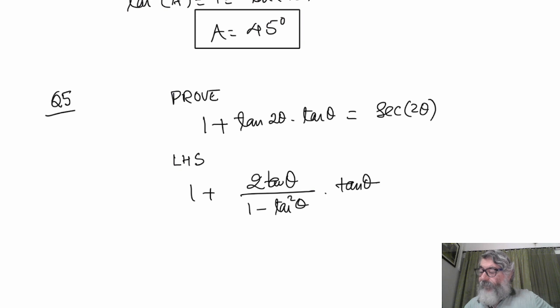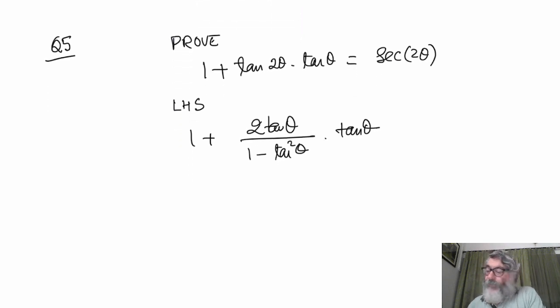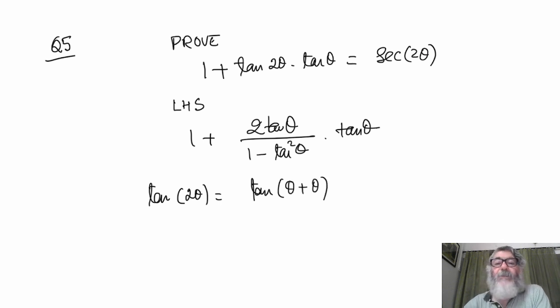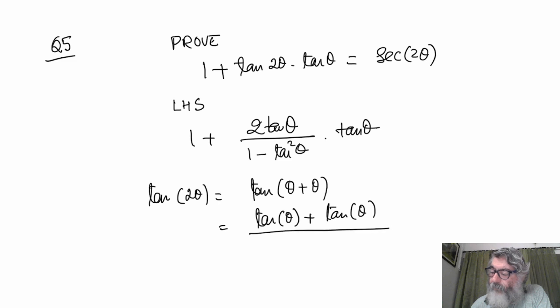But even then, once again, I will explain it to you so that you remember. tan 2 theta means tan of theta plus theta. tan(A plus B), we have applied just now the formula. tan(A plus B) is tan A plus tan B upon 1 minus tan A tan B.